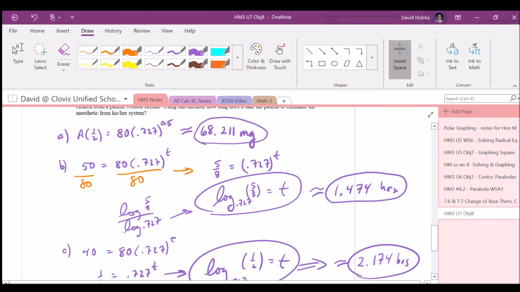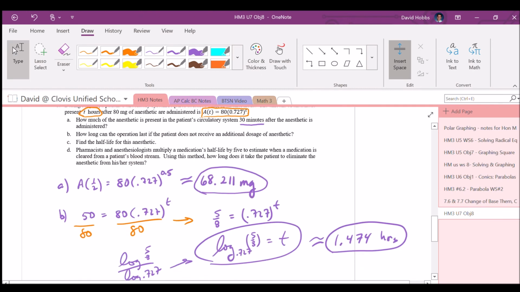That's the half-life. Okay, now part D. This is actually pretty cool. Pharmacists and anesthesiologists multiply a medication's half-life by 5 to estimate when a medication is cleared from the patient's bloodstream. Now, it's not actually cleared, but you'll see what's going on. So after one half-life, you have half of the drug still in your system.